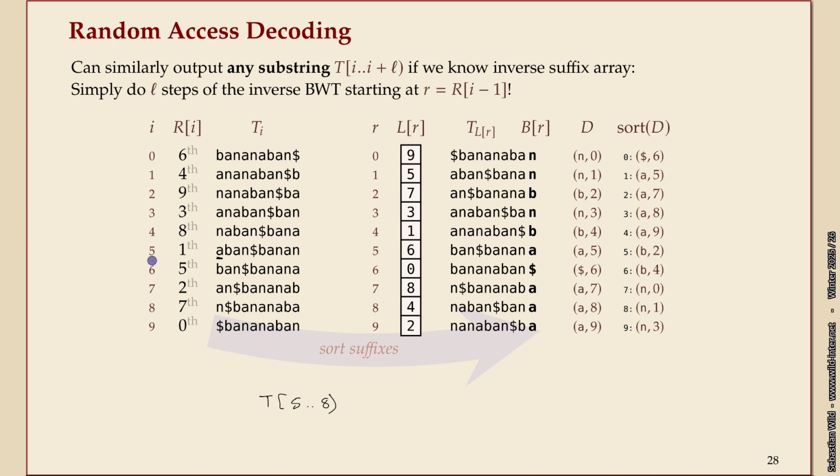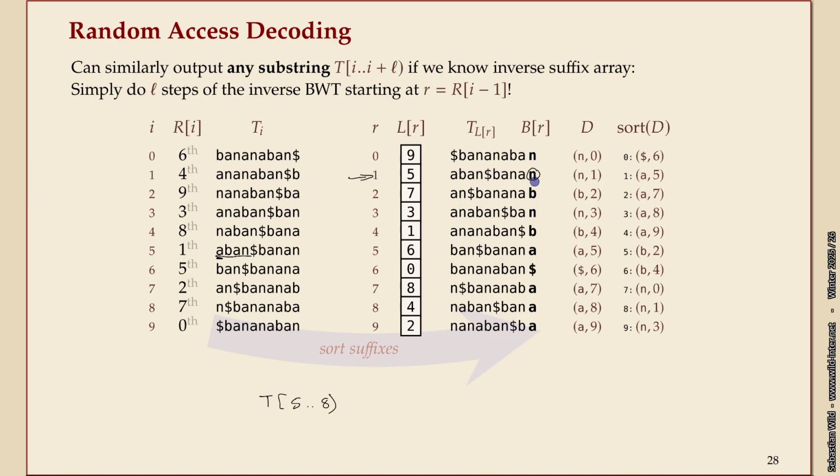You have to imagine we can't see this. But what we do know is the entry in the rank array, which tells us this suffix that starts at position 5 is at position 1, at index 1 in the sorted order here, which means also at index 1 in the BWT is the first character here. That's the row where we start.